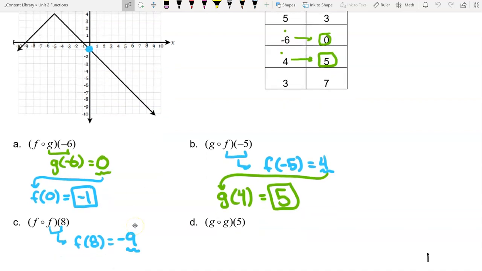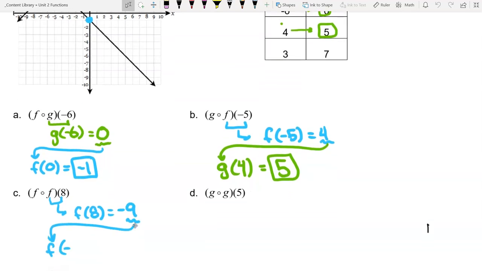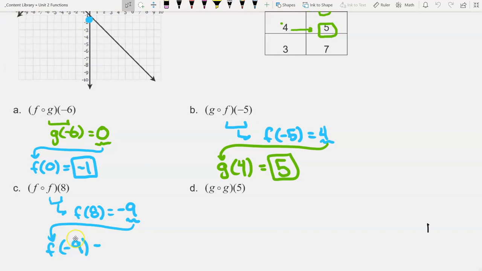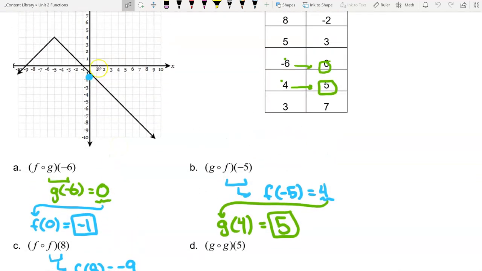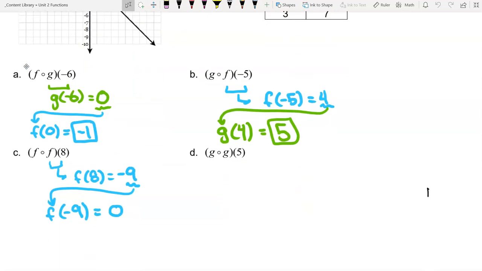And I'm just using f again, so I'm going to swoop for f of -9 equals, then we're going to do that process one more time, okay? So I find here, same graph, go to -9, figure out where that line is at, and it actually is crossing there, so it's going to be a 0. So my answer is a good old 0.